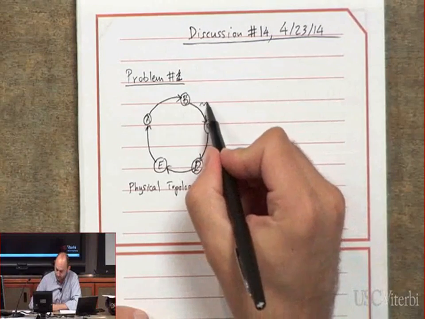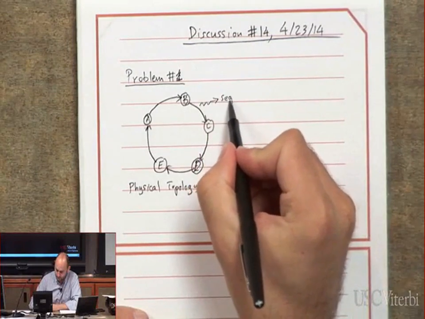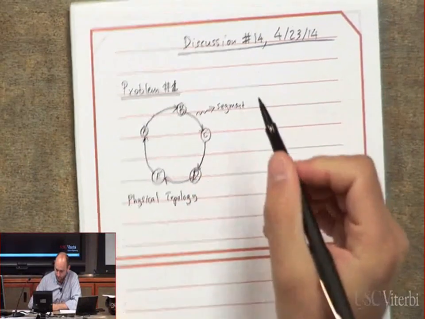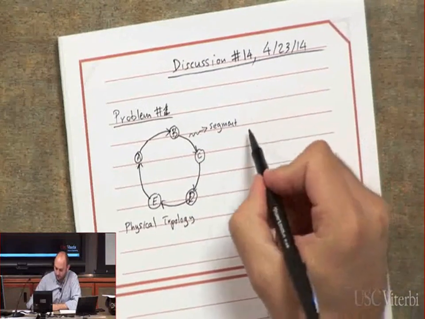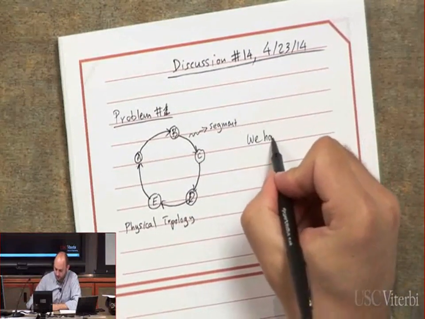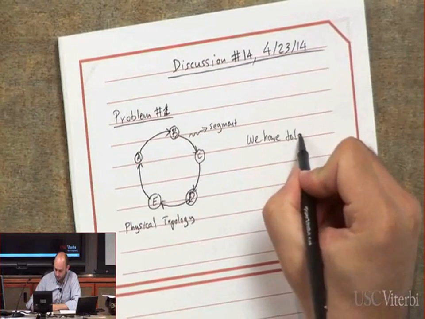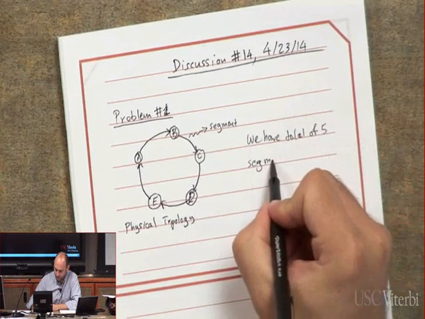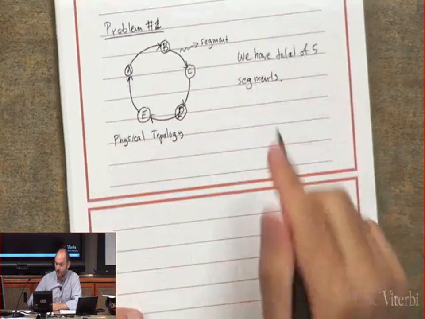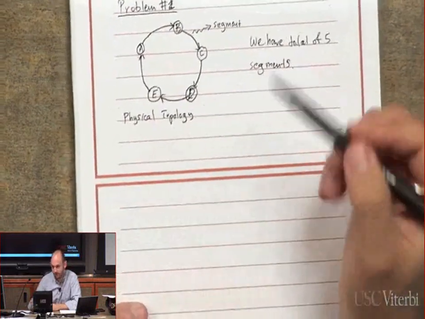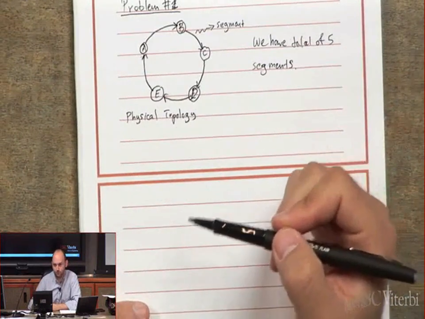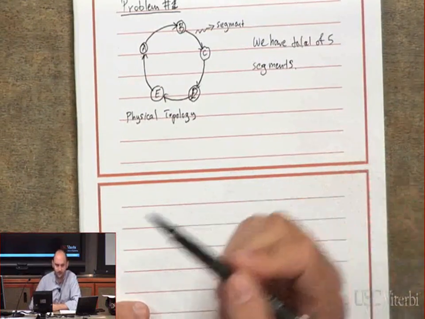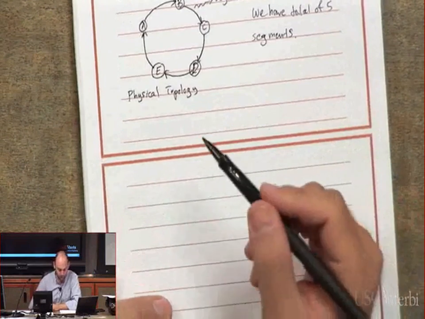So we have 5 segments. Why am I putting this down? Because it's important when we define quantities later to know exactly what we define and in which topology.